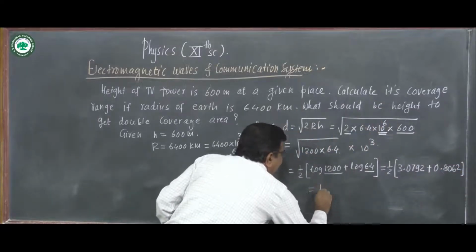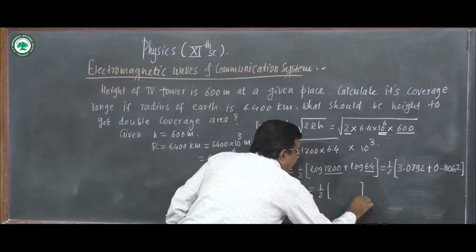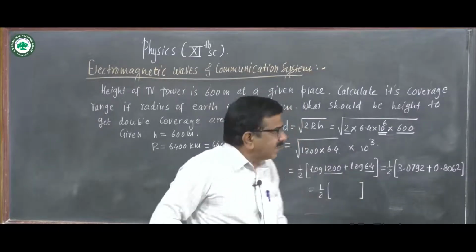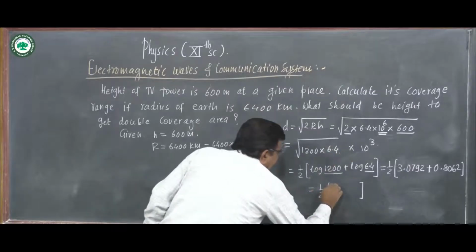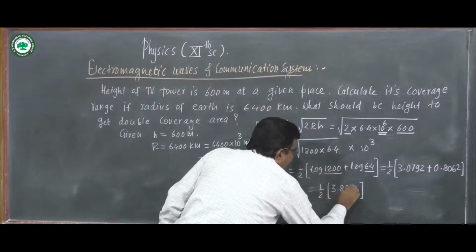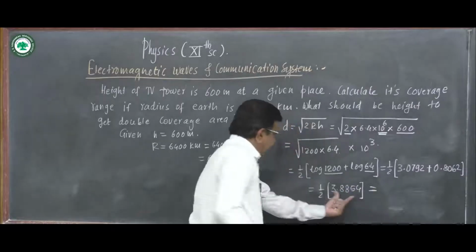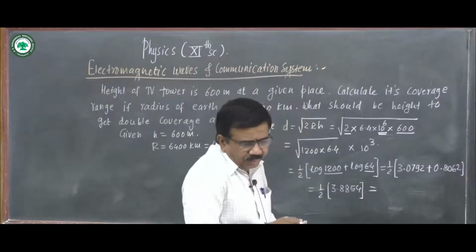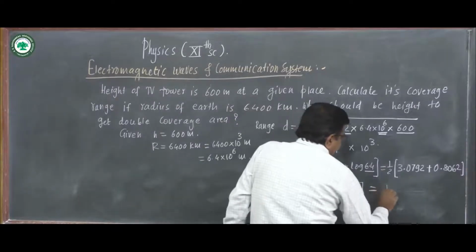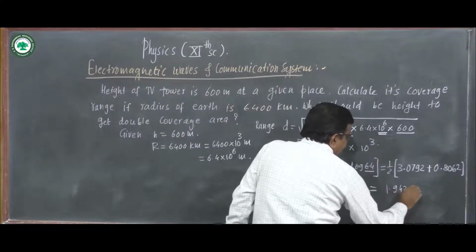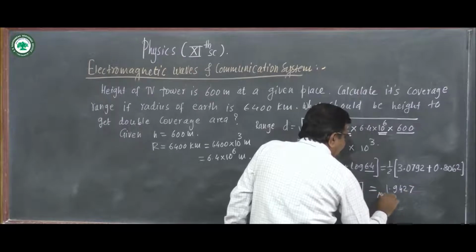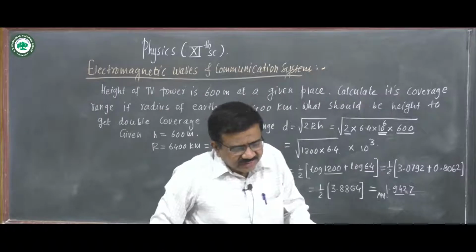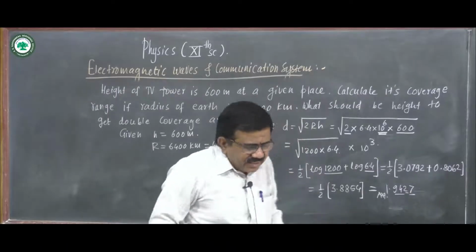So this is 1/2 of that much addition, which is 3.8854. Divide this by 2, we get 1.9427. And its antilog. Antilog of this number, that is 9427, is 8764.